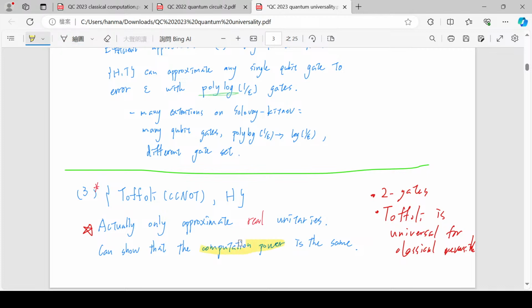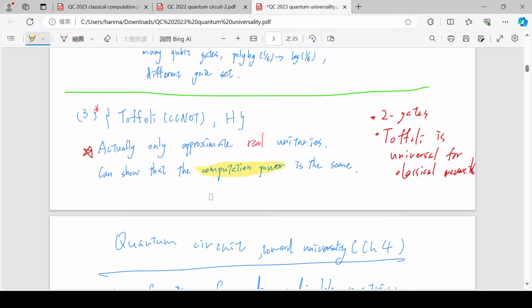So basically, what you do is you say you get some psi, and you can have the real part of psi and the imaginary part of psi, right? And then you encode this into some real psi, so you can encode it into 0 tensor psi_R plus 1 tensor psi_I.